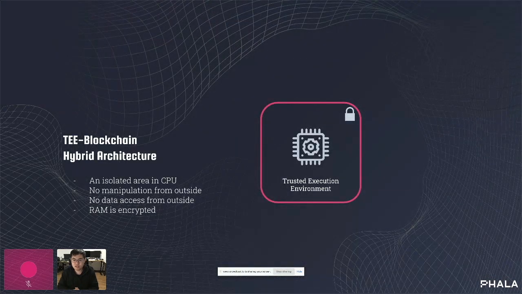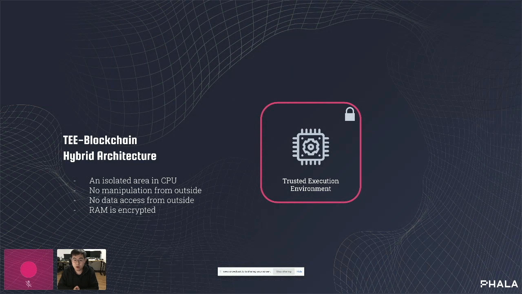So why do we call it the confidentiality layer? If you're familiar with smart contracts and blockchain, you know that everything on the blockchain is actually transparent, because this is how blockchain works. We need consensus, and we need a replica of the data over the network to make sure the data can be trusted and verified.